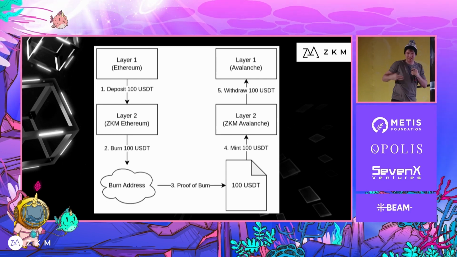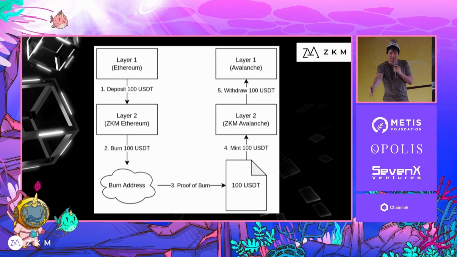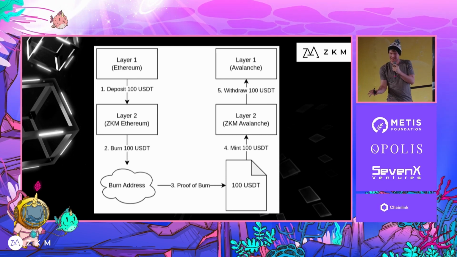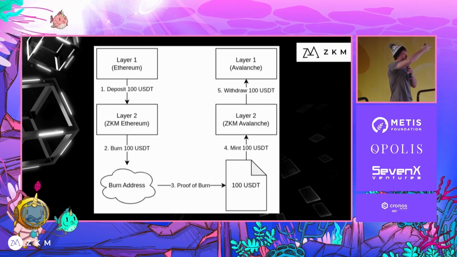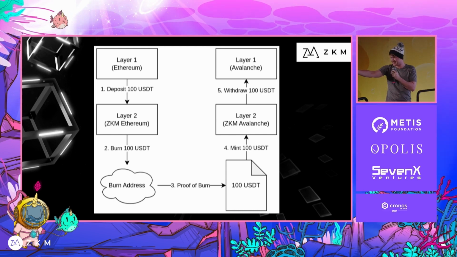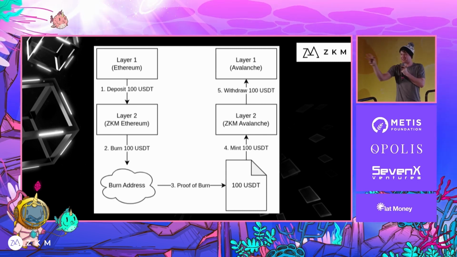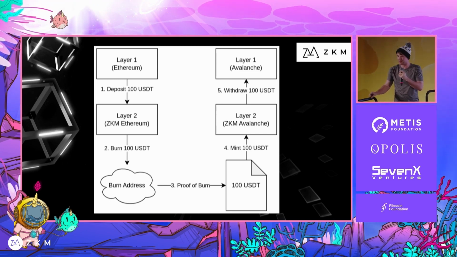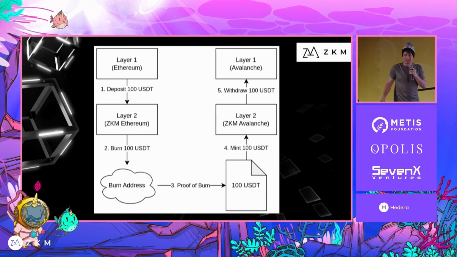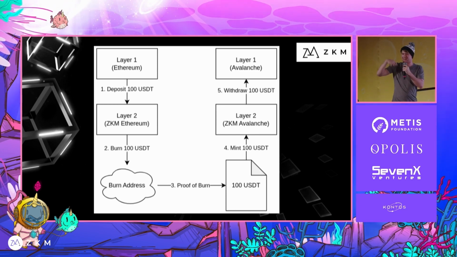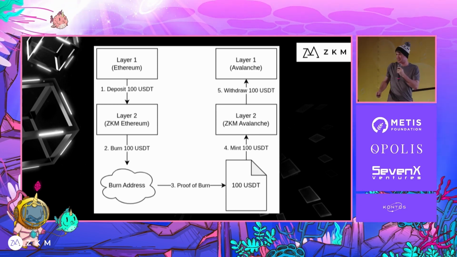Essentially, I can use that proof that I did this action on L2, and eventually it did get processed, it did get resolved. There might be that delay, where we want to reach L1 finality, and there might be a system built in that waits for a specific amount of time. But in this case, I do depend on the L1 finality to be achieved to facilitate this bridge request.